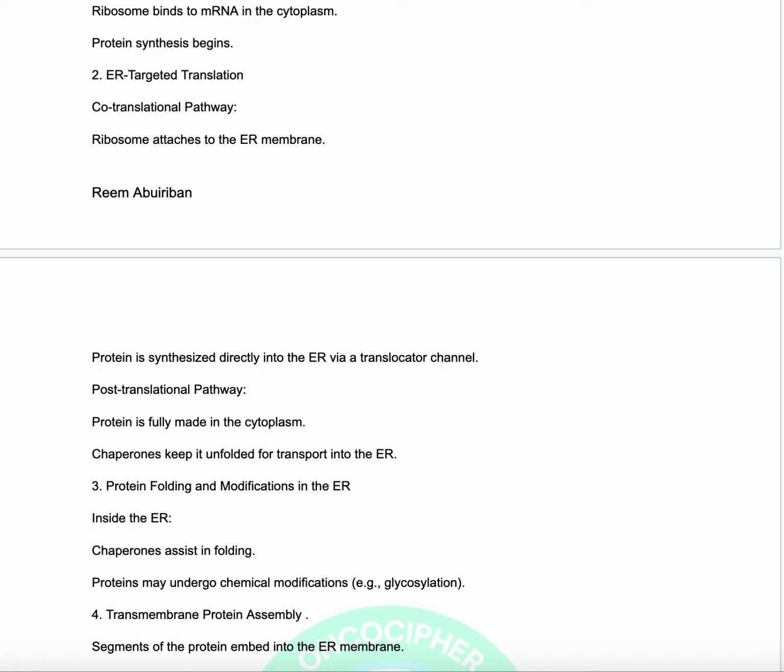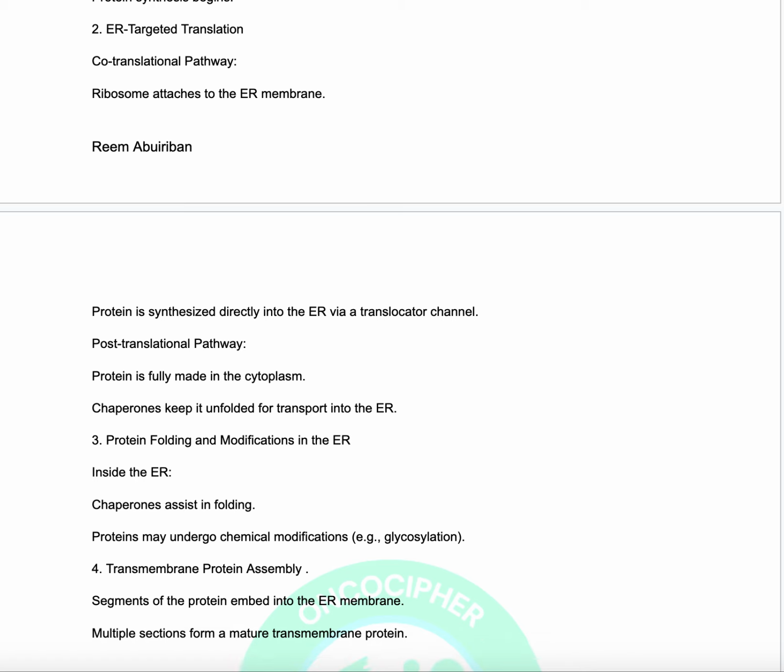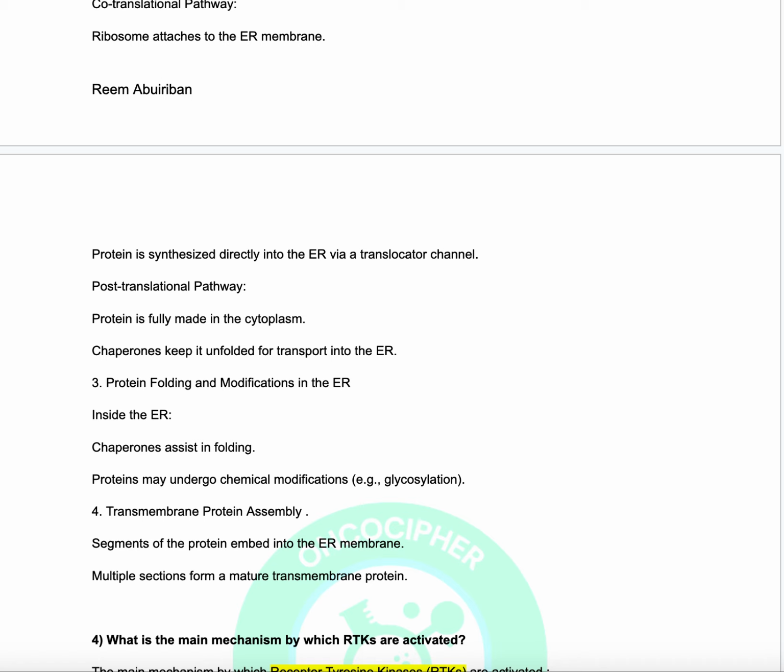The chaperones keep it unfolded for transport into the endoplasmic reticulum. Protein folding and modification occur inside the endoplasmic reticulum, where chaperones assist in folding and the protein may undergo chemical modification. Then a single segment of the protein may be embedded in the endoplasmic reticulum membrane, or multiple sections form a mature membrane protein.